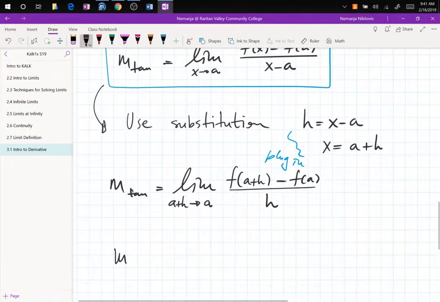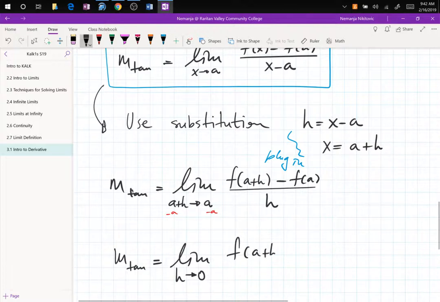So when you clean this up, m tangent is the limit as h goes to 0, because a is cancelled, of f of a plus h minus f of a over h.